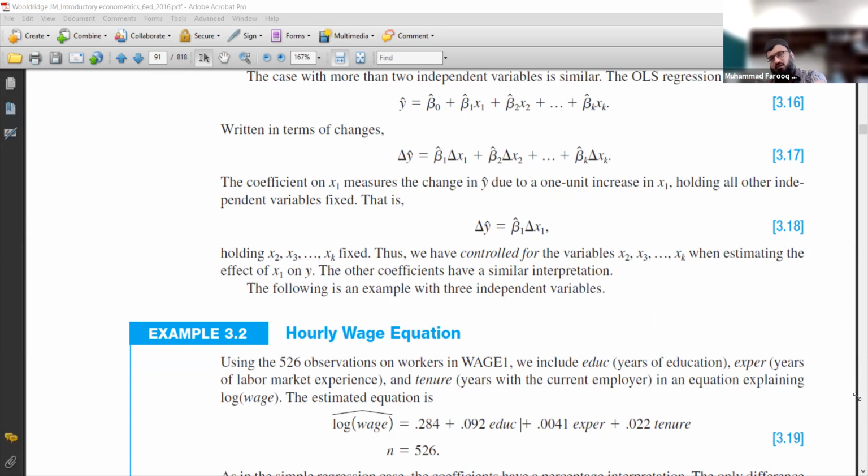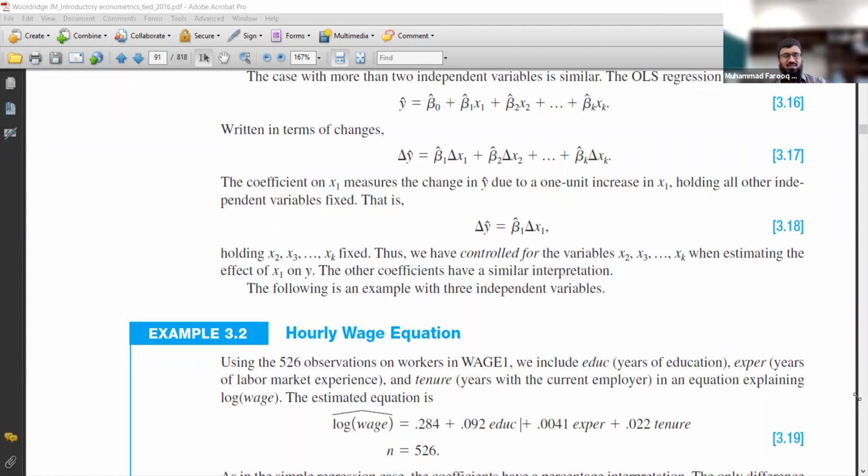So by the way, one side remark is in econometrics, whenever we talk about taking a log of a variable, we always talk about taking the natural log, not log to the base 10, but log to the base e. So even though they've written log, and typically in your math books log means log base 10, here it means log base e. So really they should have written ln, but they just follow this convention.